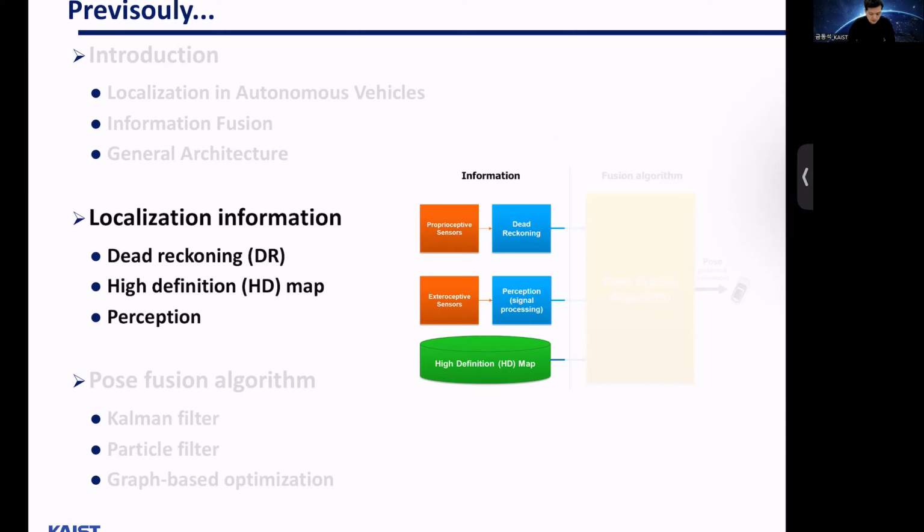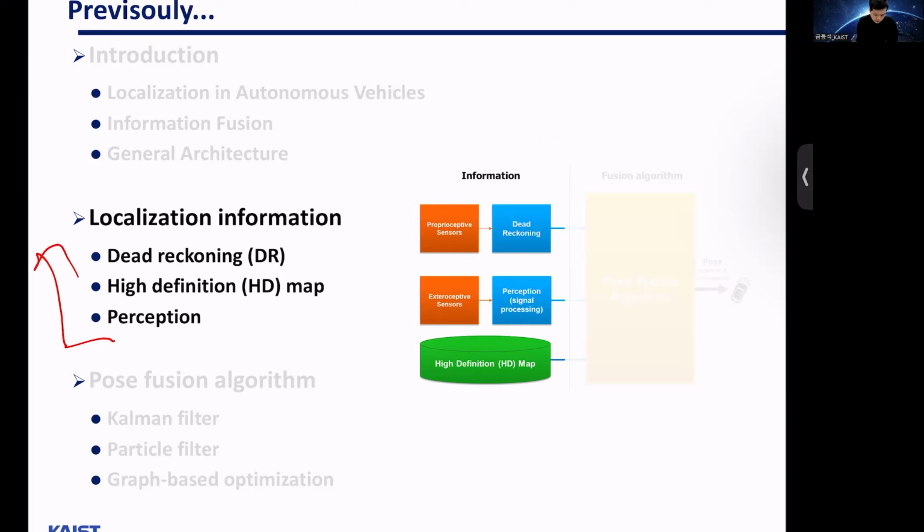So let's take a look at the outline. Last time we covered up to here. We introduced you to the localization problem in autonomous vehicles, and we went over what types of information are available for position estimation.